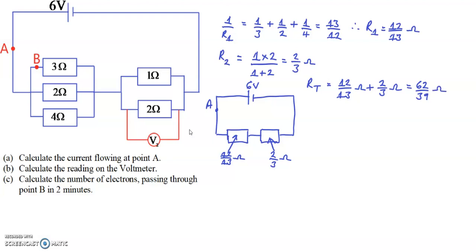Now, to find the current flowing at any point in this series circuit, you have to apply Ohm's law, which is V equals IR.